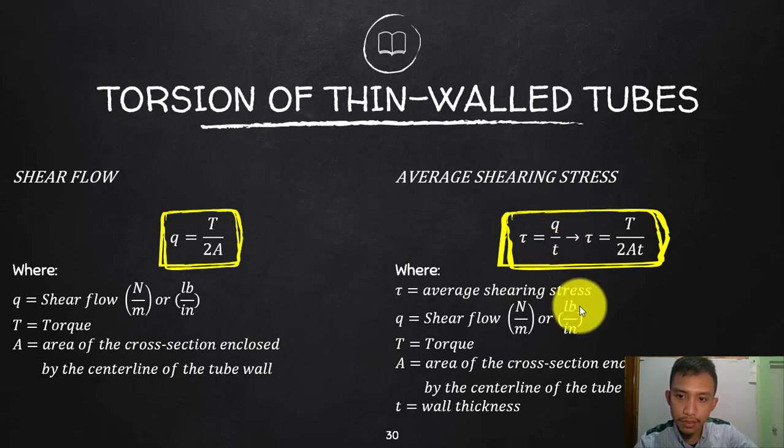Therefore, all I need to do is introduce the t to get the average shearing stress. So same thing, the only addition here is the wall thickness.